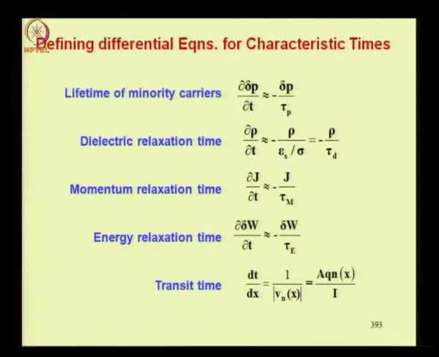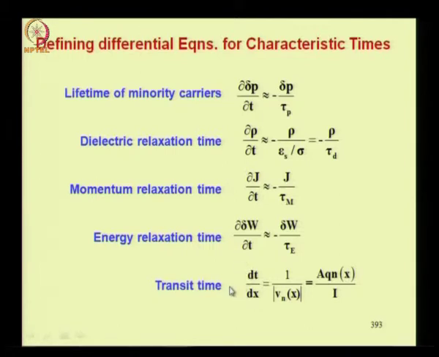Now if you collect together the defining differential equations for characteristic times, except the transit time equation, all the other equations are first order differential equations which introduce the time constant on the right hand side of the equation. The transit time equation is also a first order differential equation.